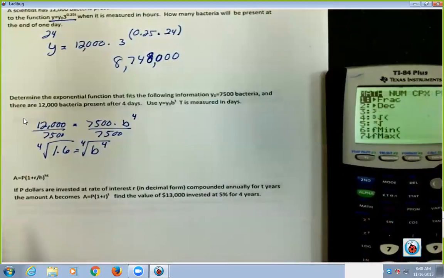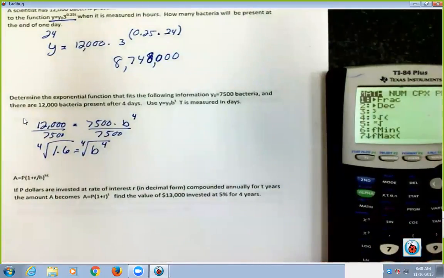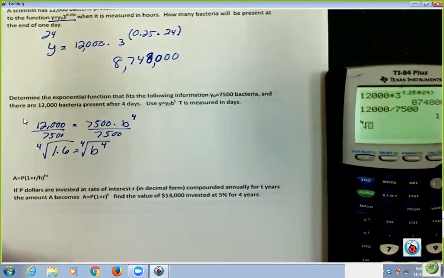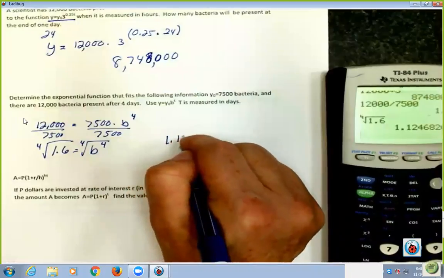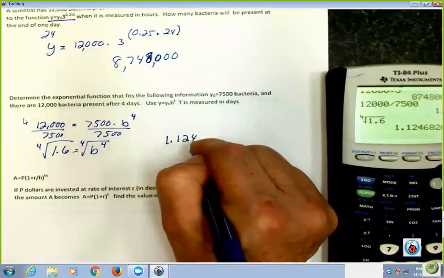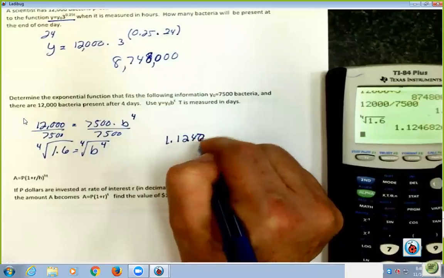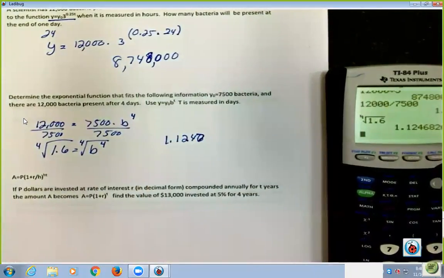Then go to math, go down to your number 5, which puts the 4th root of 1.6. Hit enter, and B is 1.1247 if we round it to 4 decimal places. So that would be my solution to that one.